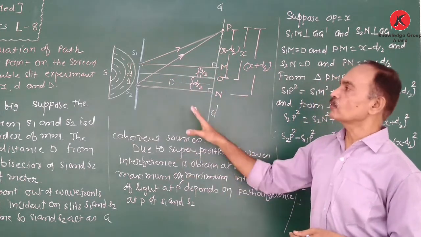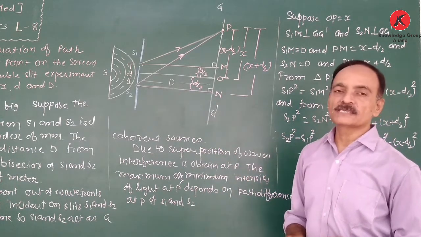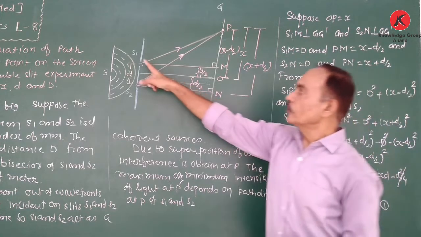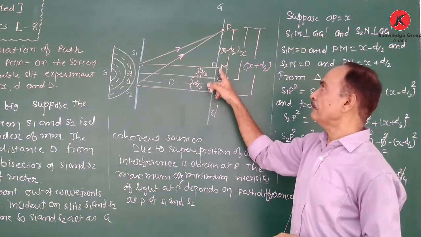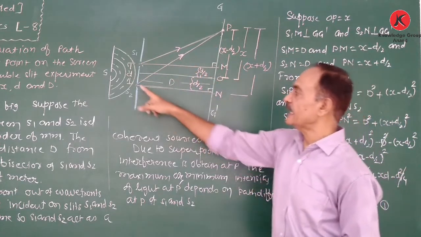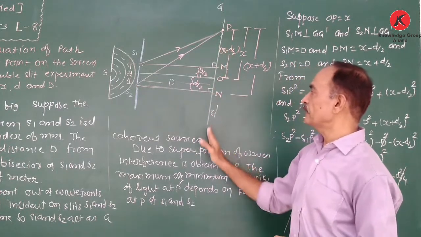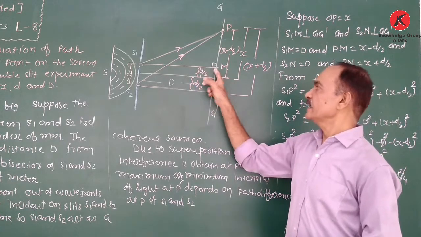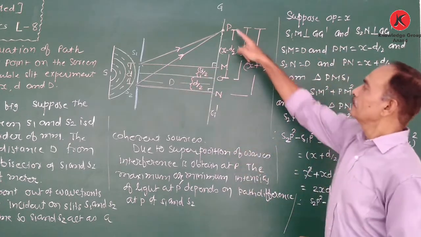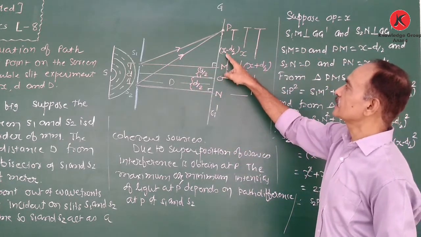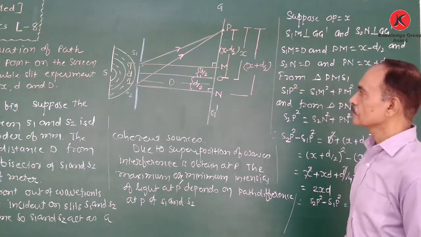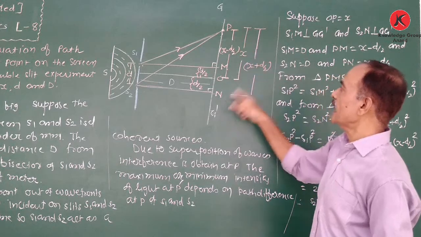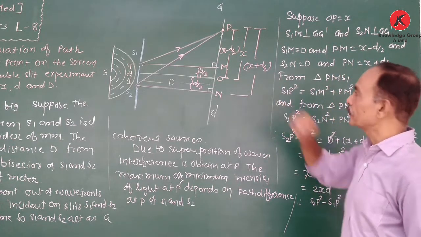It means we have to obtain the equation of the path difference at point P. For that purpose, we draw S1M perpendicular to the GG dash and S2N perpendicular to the GG dash. S1M is equal to D and PM is equal to X minus D by 2. In the similar way S2N is D and PN is X plus D by 2.